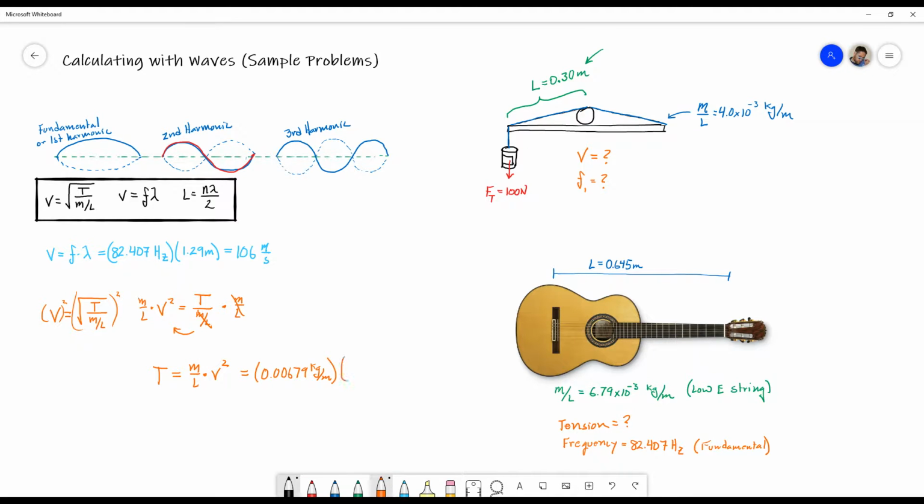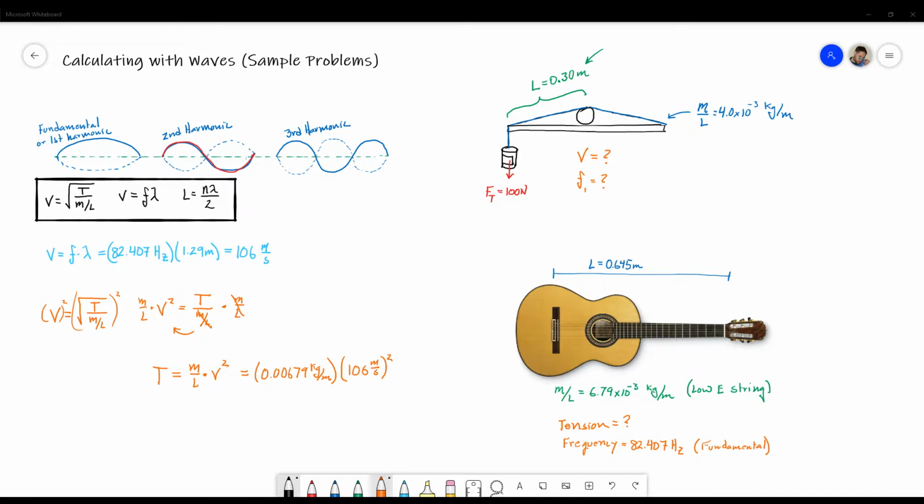And then I'm going to multiply that times my velocity, which happens to be 106 meters per second, and that quantity is going to be squared. So if I multiply that whole thing out, I'll get my answer of my tension. So I've got 106 quantity squared, and then I'm going to multiply that times 0.00679.